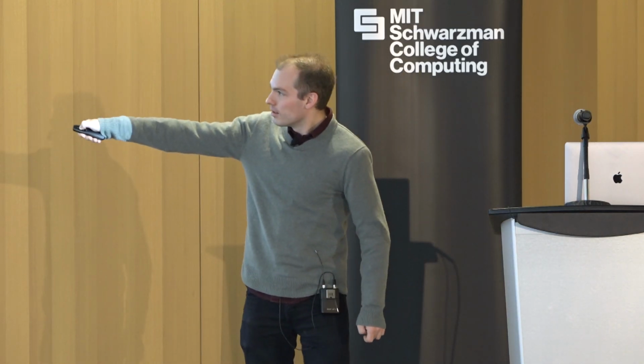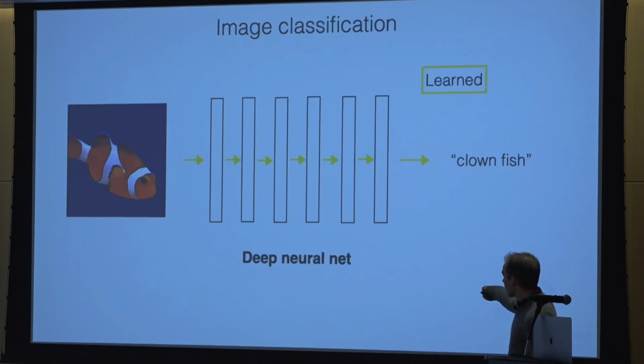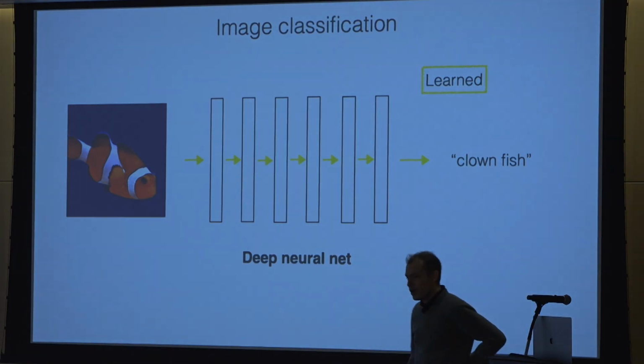You have a set of learned transformations going from an input to a prediction at the end. And this would be a case of image classification. And all of these arrows are going to be functions that you parameterize, and you're going to wiggle around the parameters until you find a setting of the parameters which achieves the desired mapping.